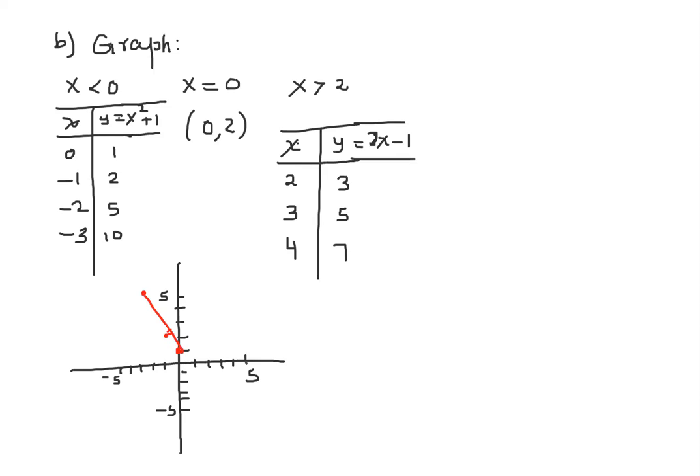It's an infinite curve. And the next one, 0, 2, is just one single point, 0, 2. And the third one is 2, 3, 3, 5, and 4, 7. 2 is not included, and here also 0 is not included. I have to put an open circle.